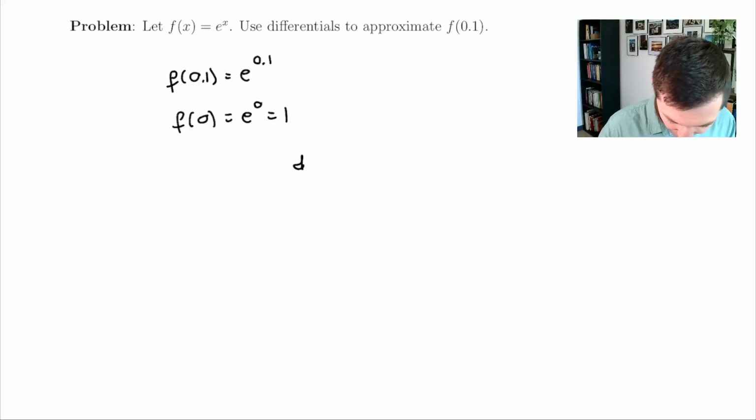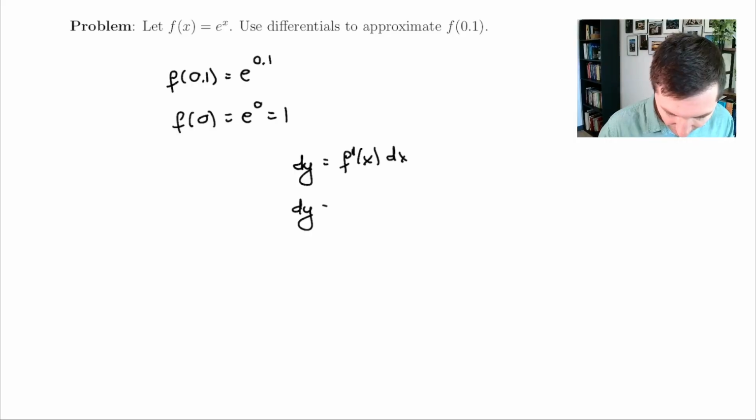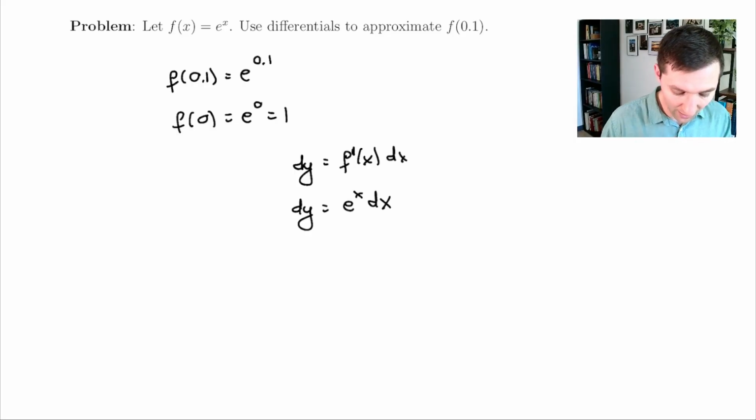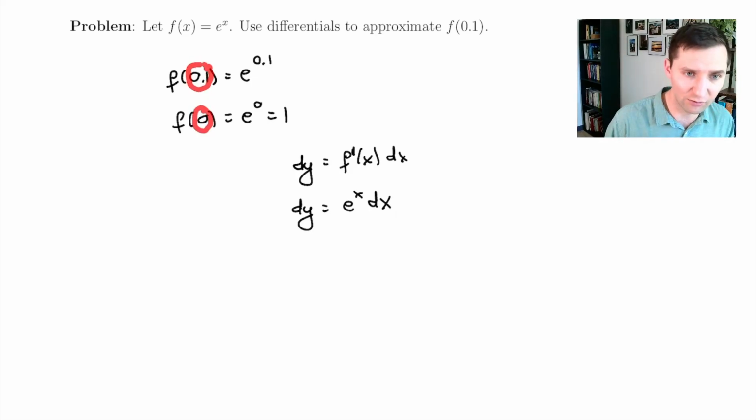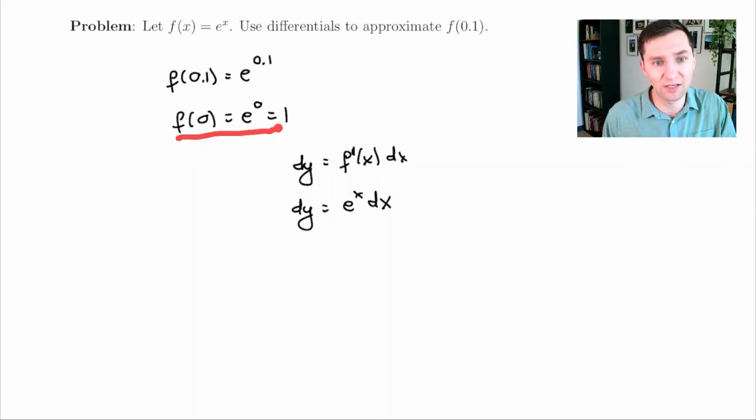The formula is dy equals f prime of x dx. The function is e to the power of x. The derivative of e to the power of x is just e to the power of x, which gives me that dy is e to the power of x dx. I know the value of the function at 0, and I want to know the value at 0.1, which means I will compute the differential at 0 and see how much it will change as I move to 0.1.